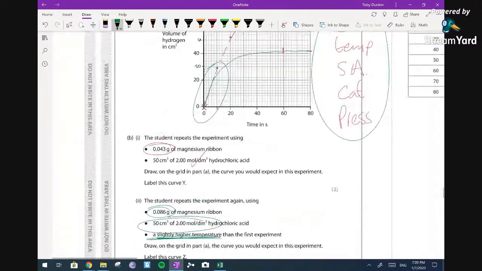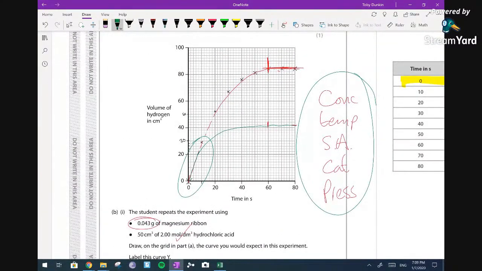Right, so he's gone back to the original line. He's going to produce the same volume of hydrogen. He's going to be going at a faster rate because he increased temperature. So I need to end earlier, but hit the same volume and be steeper.